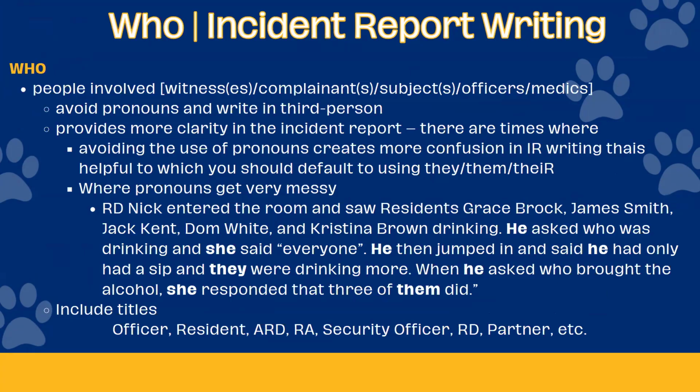This detail helps to prevent confusion. For example, instead of saying, RD Vinnie entered the room and saw residents drinking, you should be specific about everyone present. And don't forget to include titles. Using terms like officer, resident, or RA adds professionalism to your document and ensures everyone's role is understood.